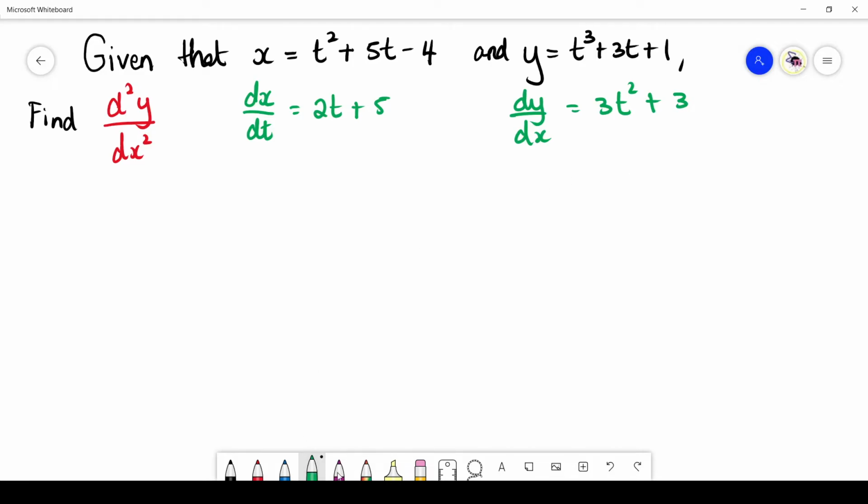Now we are going to use our basic chain rule for dy/dx, which is dy/dt divided by dx/dt.